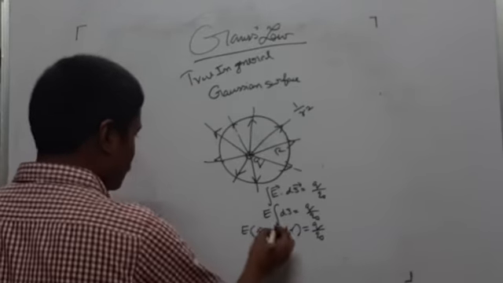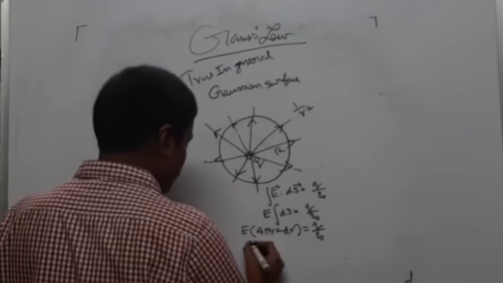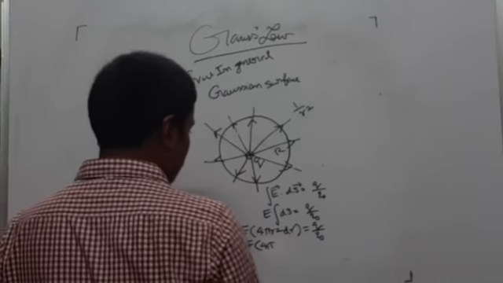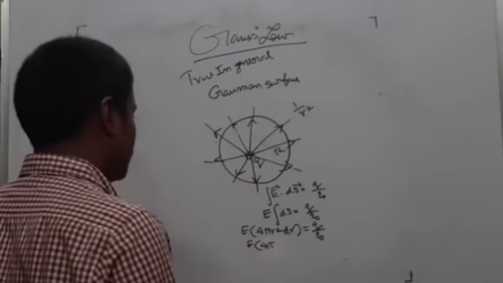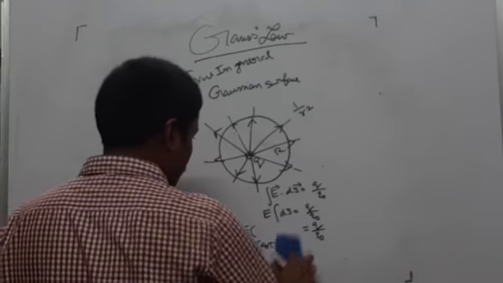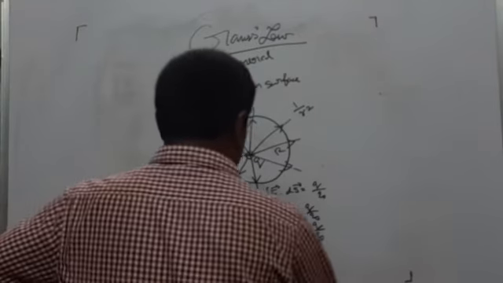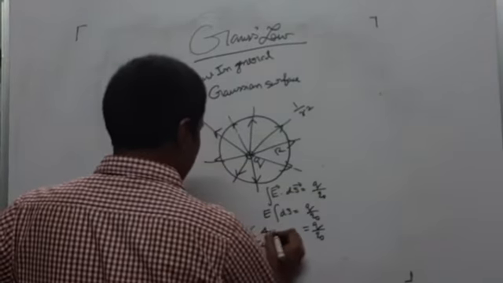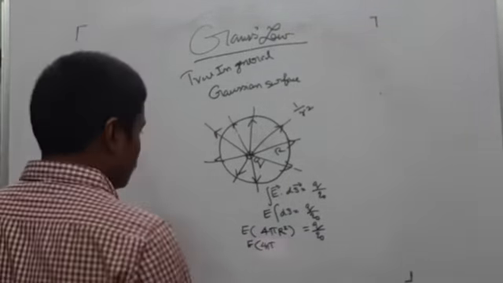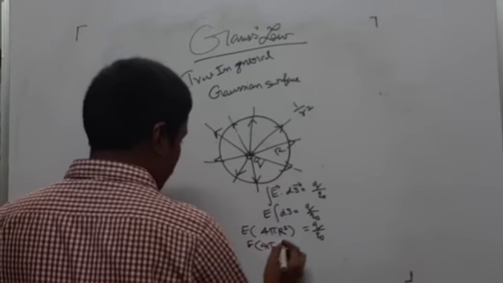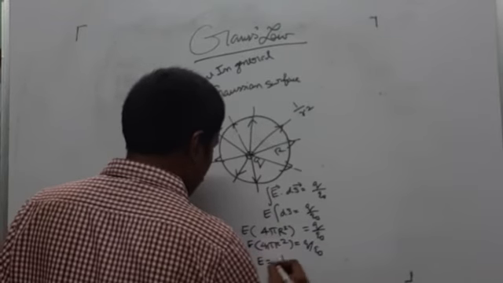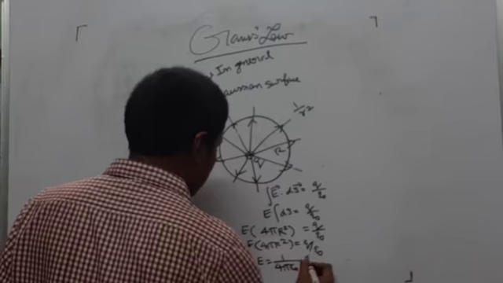R is already fixed on the sphere. Actually, it's not 4 pi r squared dr, because that would be a volume. The surface integral of ds is 4 pi r squared, and it equals Q over epsilon naught, and E comes out to be 1 over 4 pi epsilon naught times Q over r squared.